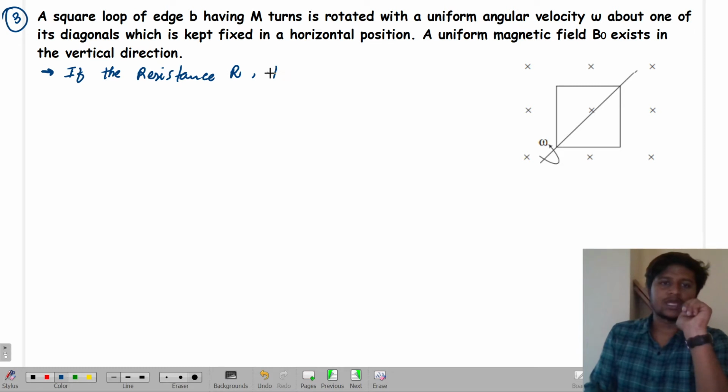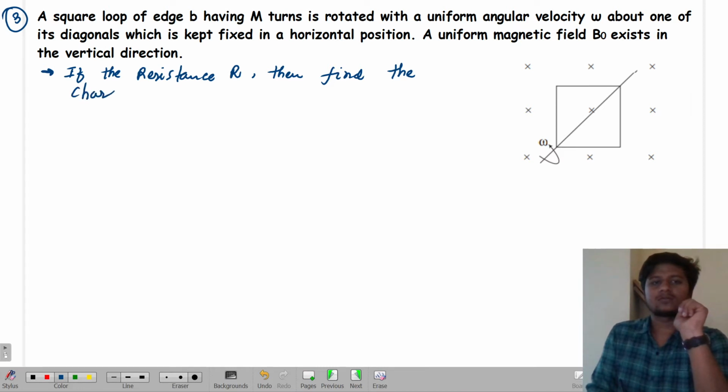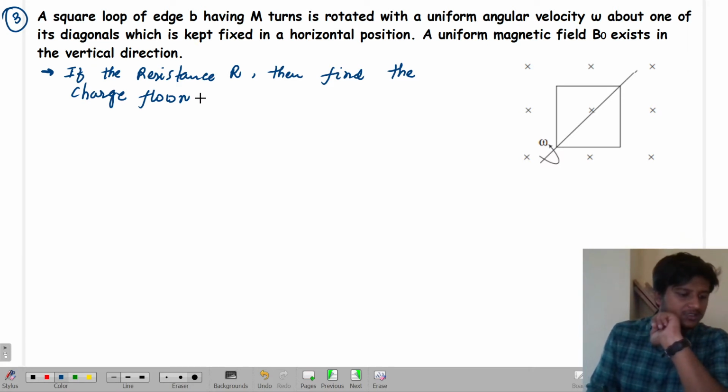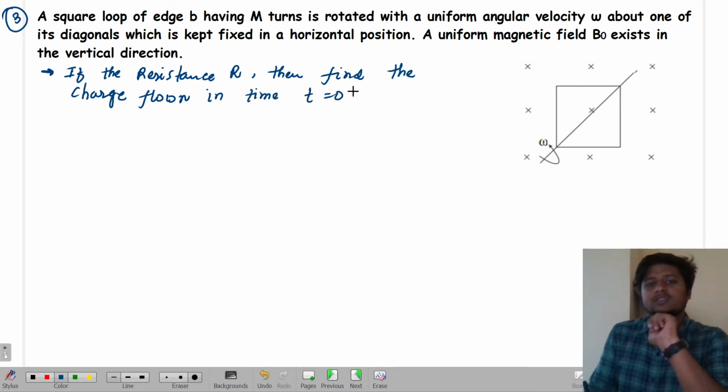R. Then you have to calculate, find the charge flown in time t equal to 0 to t equal to, let's suppose, 2t seconds.